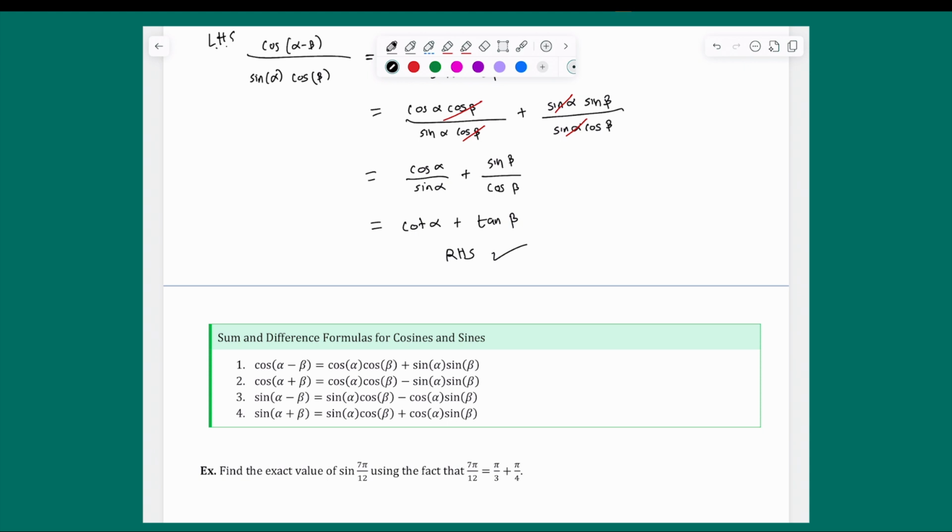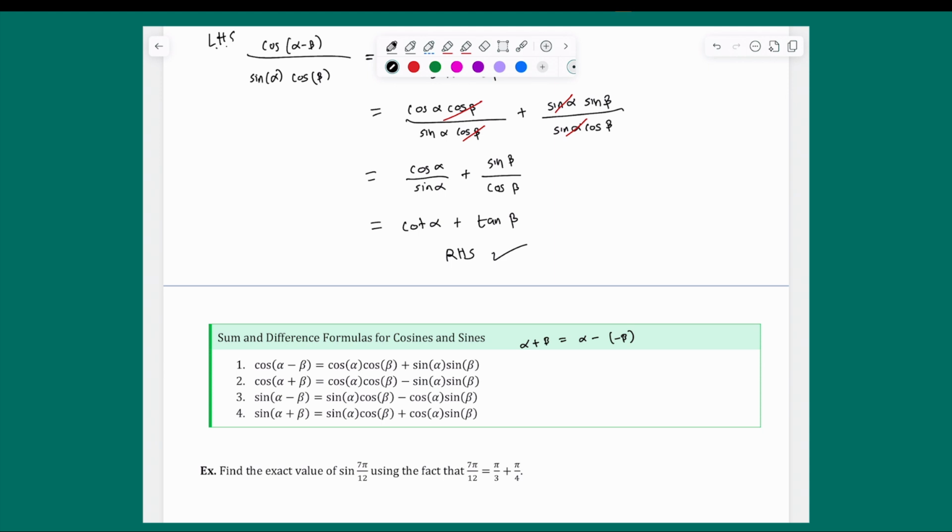Likewise, if we derived number 1 and wanted to derive number 2, basically we would use number 1, because alpha plus beta is the same thing as alpha minus a negative beta. So cosine of alpha plus beta can be thought of as cosine of alpha minus negative beta.